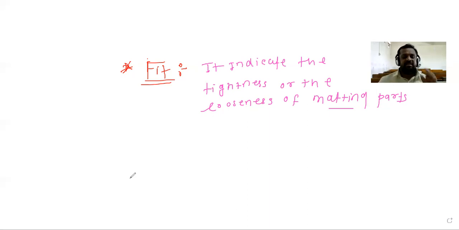Fit is nothing but the tightness and looseness of two mating parts. It is called the fit. Okay, so understood. See, these are the two mating parts. Whether it is loose or tight?